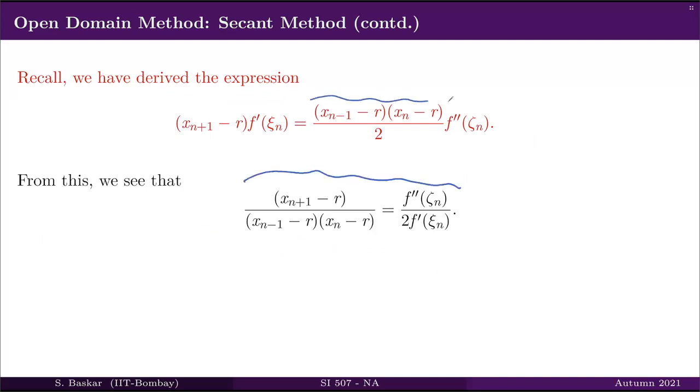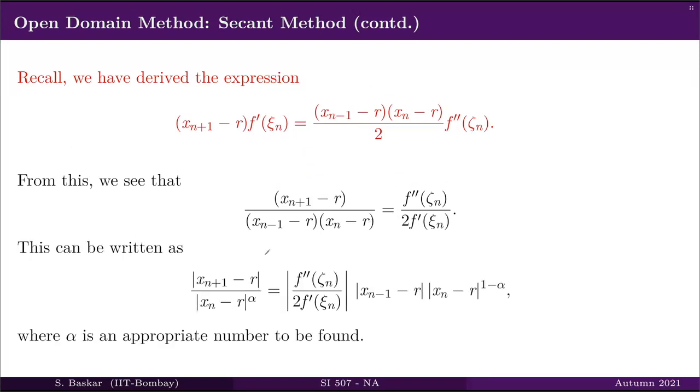We have taken these two terms on the left hand side and this term on the right hand side. That's all we did. Now take modulus on both sides and divide both sides by |x_n - r|^alpha.